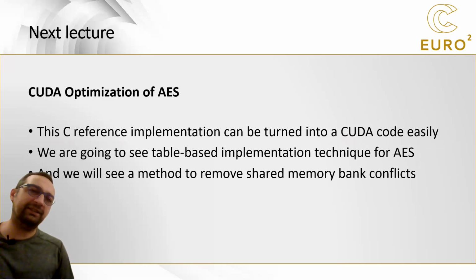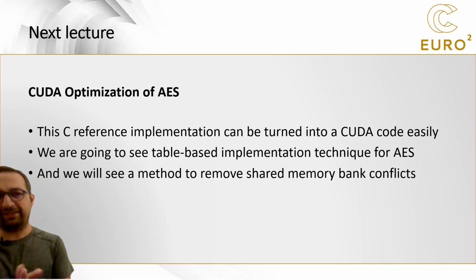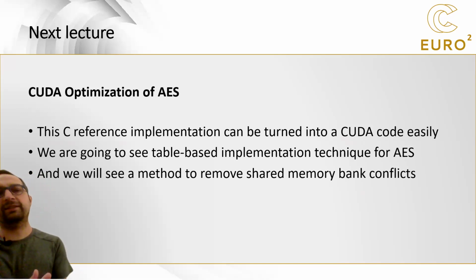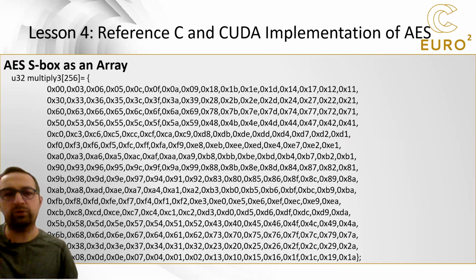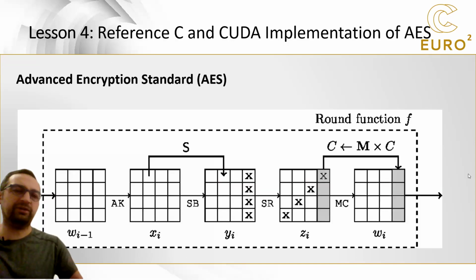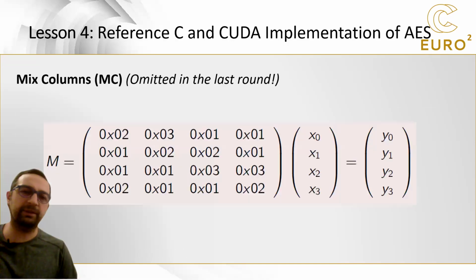So in the next lecture, since we have a basic reference C implementation, we will turn it into CUDA, and actually CUDA code is very similar to C code. Then we will turn this into a table-based implementation, because the current approach, where we implement everything as in the picture, can be referred to as a reference or naive implementation.